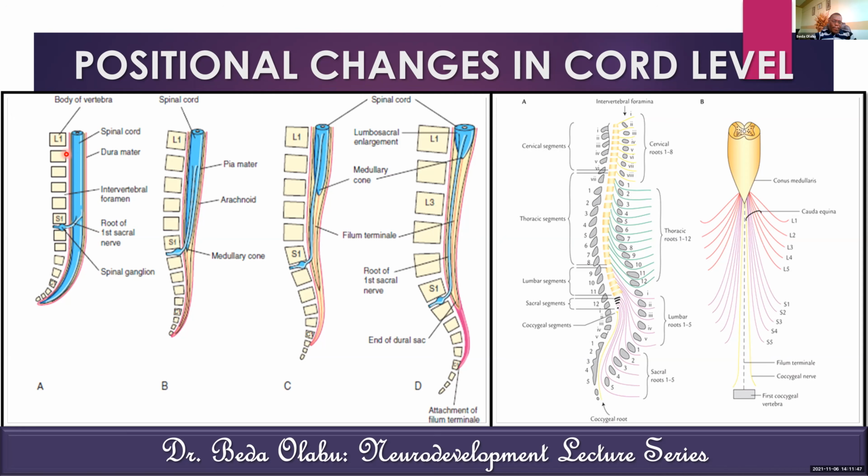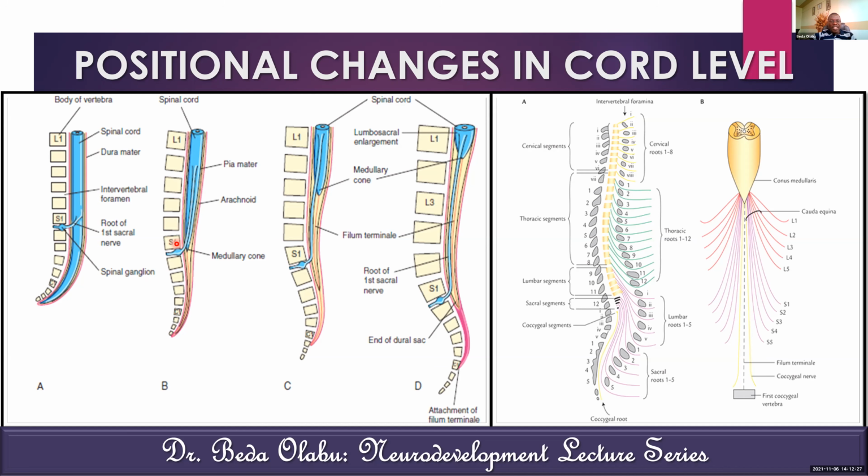So here, let's start again. If the spinal cord is the full length of the vertebral column at the beginning, and remember, spinal cord gives you spinal nerves, so you'll have spinal nerves exiting corresponding with their vertebral levels ideally. But as the spinal cord shortens or vertebral column elongates faster, usually around the 6th month of intrauterine life, the spinal cord is now reaching the level of S1 vertebra.